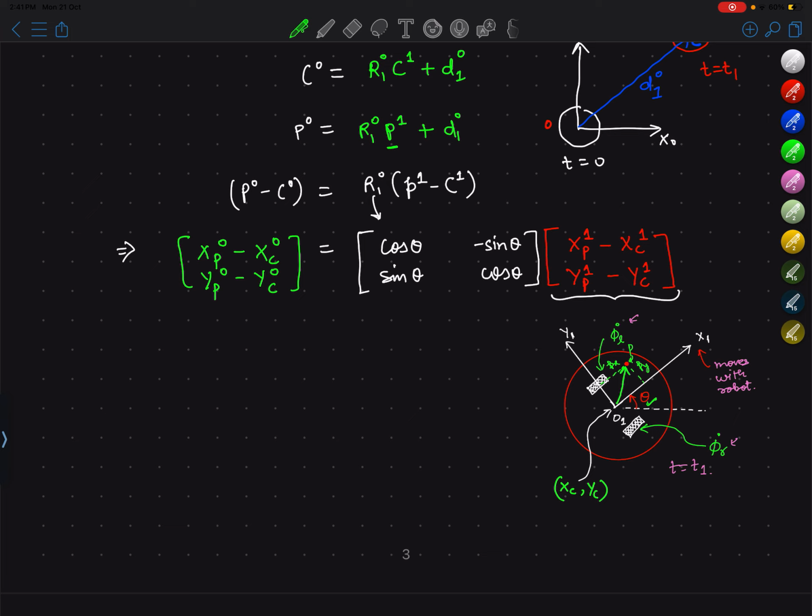So this is actually px and py, in the robot frame.